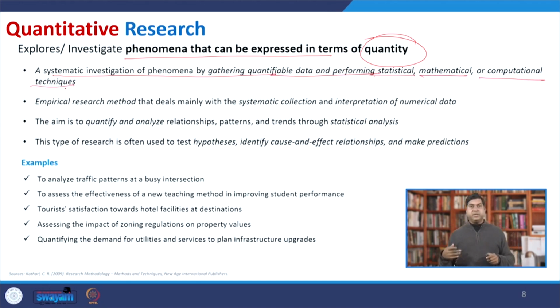In this case, we need certain statistical tools, software, and mathematical modeling to find that particular result. Empirical research methods deal with data and numbers, mainly the systematic collection of data and interpretation of numerical data.